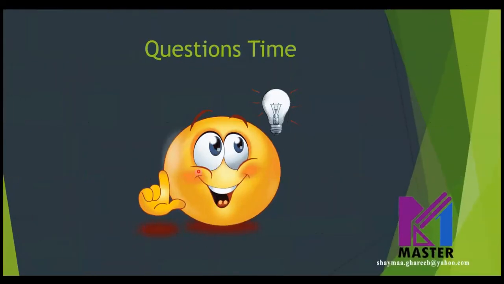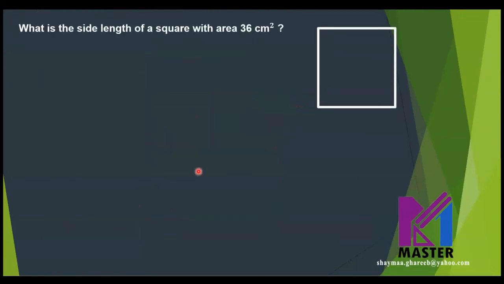Now it's our questions time. Are you ready? First question. What is the side length of a square with area 36 centimeters squared? So the area of this square is 36 centimeters squared. We said the area of the square is length times width, or the side times itself, or the side squared.